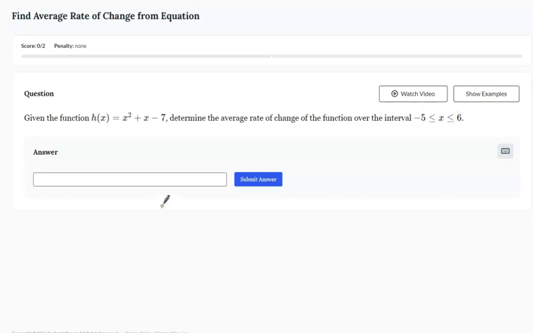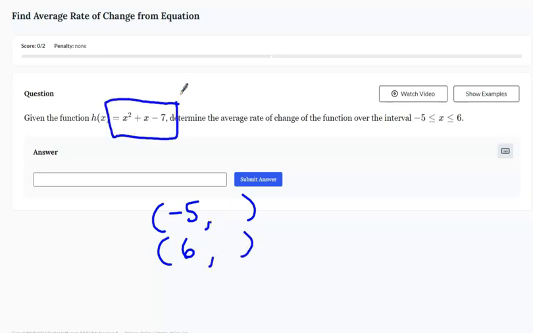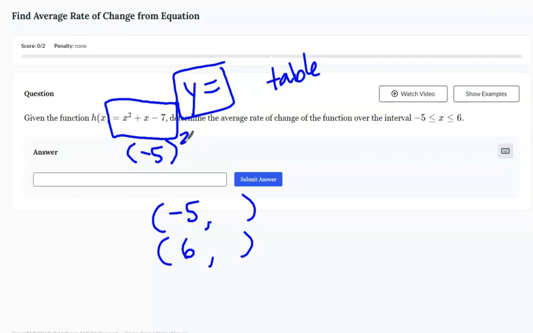So we know that our x-coordinates are going to be -5 and +6, and you can either use your TI-84 to type this equation into the y equals button and then look at the table of points, or you can mathematically compute it yourself by substituting in the value for x in every position that you see x and find your value of y.